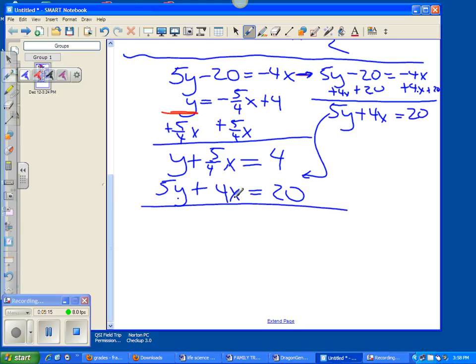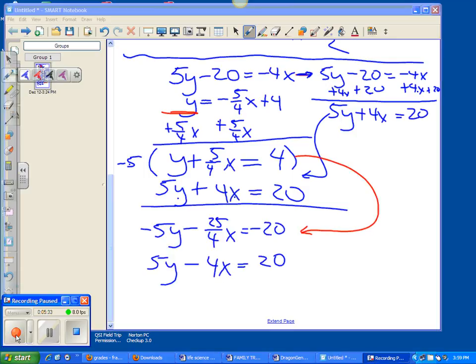So I'm going to multiply this top one by a negative 5, because negative 5 times y gives me a negative 5y, and a 5y minus 5y gives me 0. So let me rewrite this combination up here.